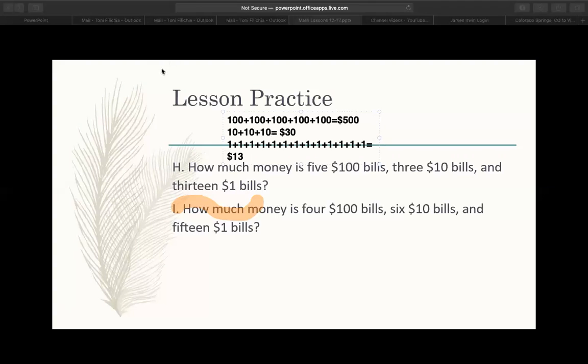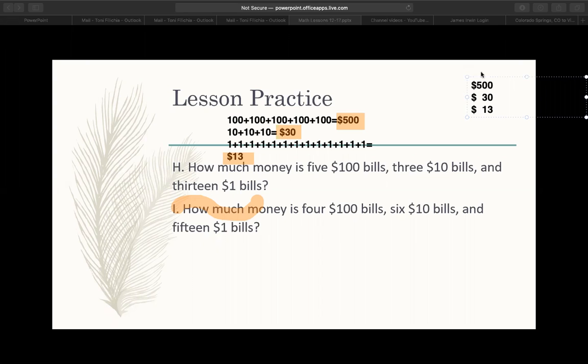So now we have our three sums, which is our 30, our 500, and 13. Out of these three numbers, which is the greater number? 500. Next, we'll put our 30. And then after that, underneath, we'll put our 13.